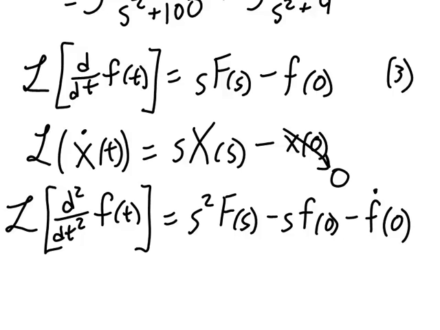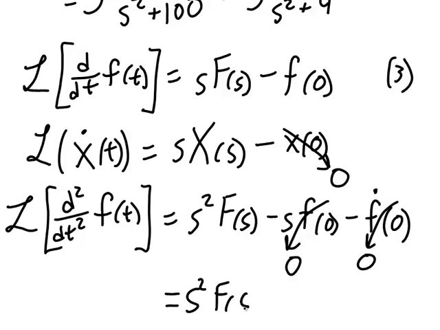Once again, we typically assume that the initial conditions are 0, so that these values go away, and we're simply left with s squared F of s. This is why we've been using the rule that anytime we take the Laplace transform of a derivative, we look at the order of the derivative, add that many number of s's, and then the Laplace transform of the function.